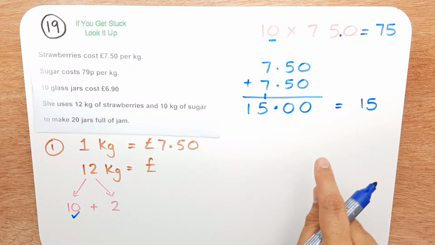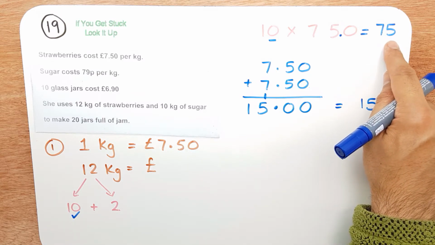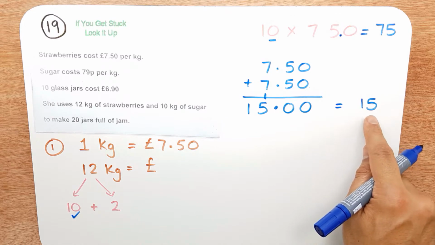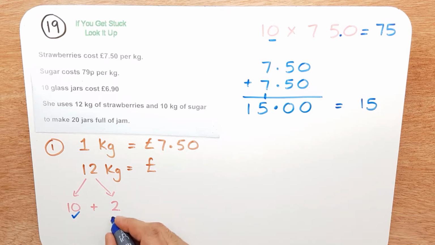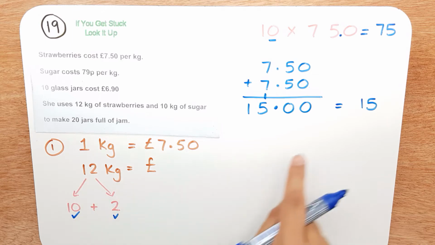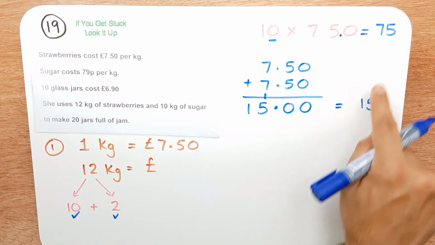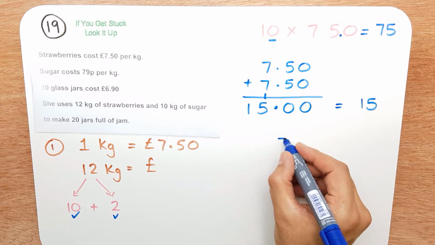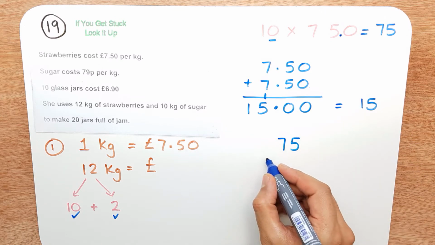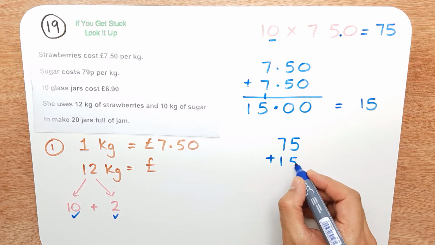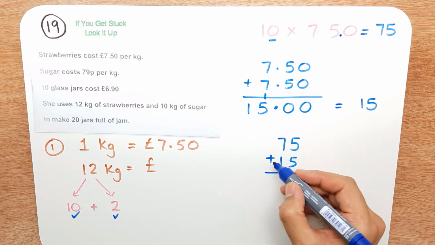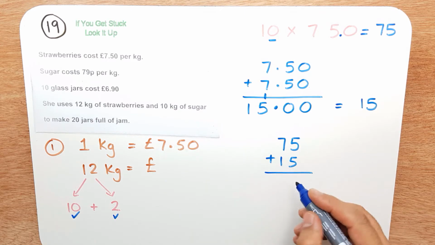So the total cost for the strawberries is £75, add £15. So let's write the total cost for the 12 kilograms. 75 plus 15. 5 add 5 is 10.